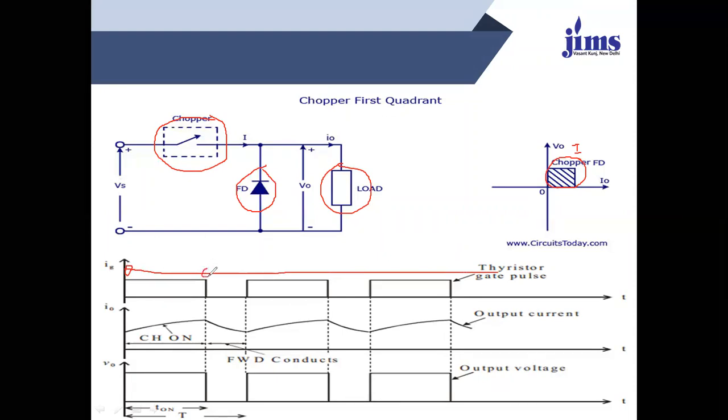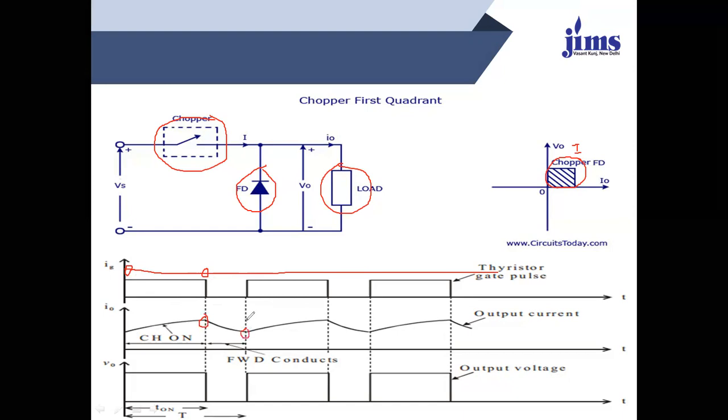At this moment we turn off the device with the help of the commutating circuit, so that pulse we get from this side and the device is turned on up to this moment. So the chopper switch will be turned on at this moment and will continue up to this point, and whenever it is turned off, this is the status.